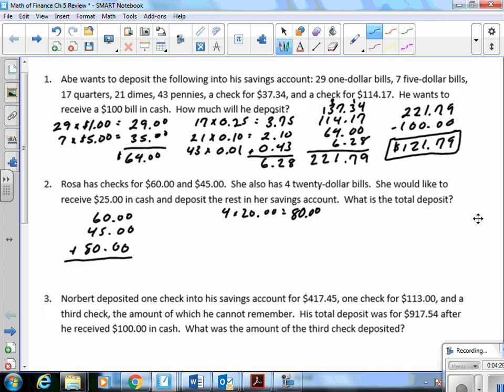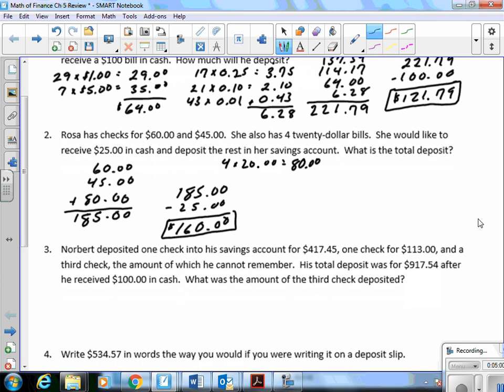So that's all the money going in, $185, and she wants to receive $25 back. So $160 will be her total deposit in there.